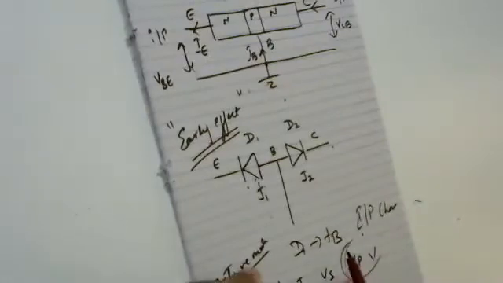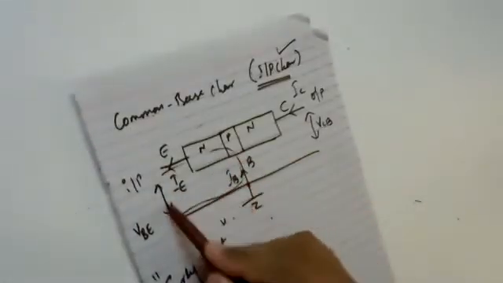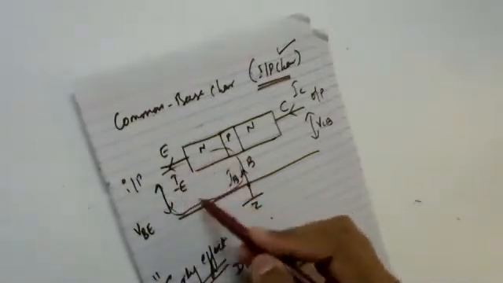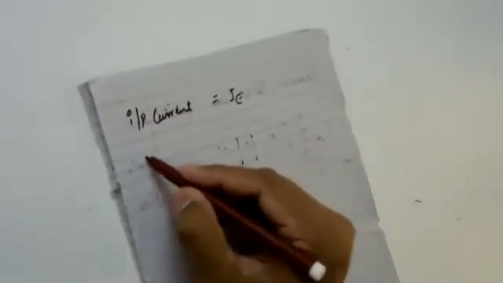First we'll identify the terms: what is my input current, what is my input voltage, and what is the output current and so on. Since this indicates my input port, the current that is going to flow into the circuit is my input current, which is nothing but IE.